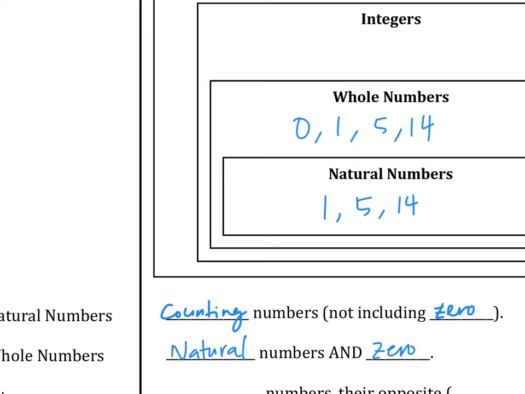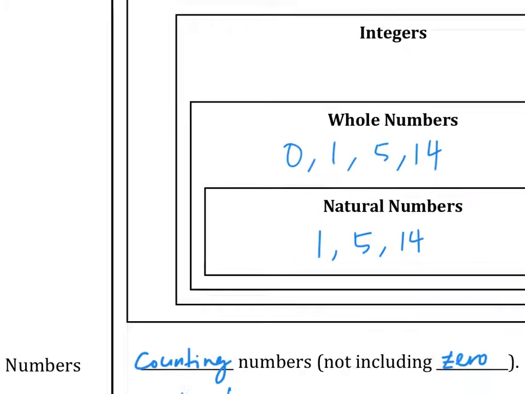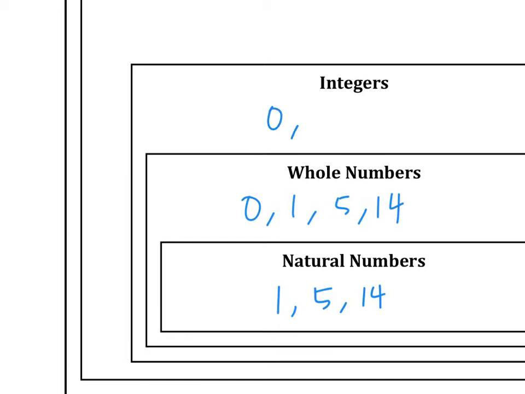The next one up is integers. So integers are going to include whole numbers and natural numbers. So what is included now in integers that was not in whole numbers? Negatives. Okay, so we have all the numbers that we had before, and then we have the negative of them.